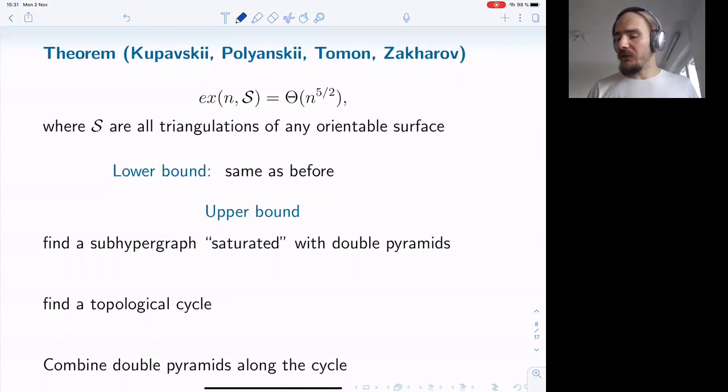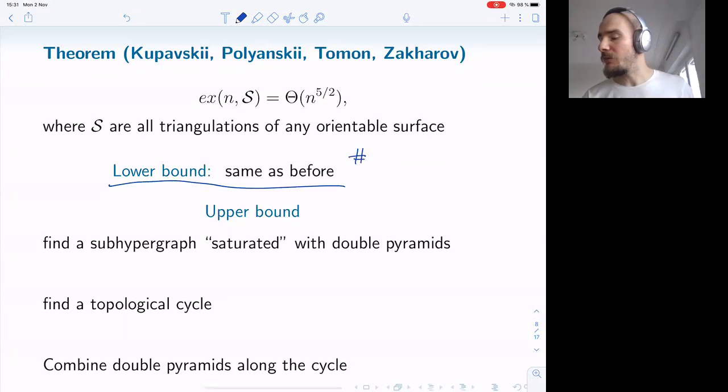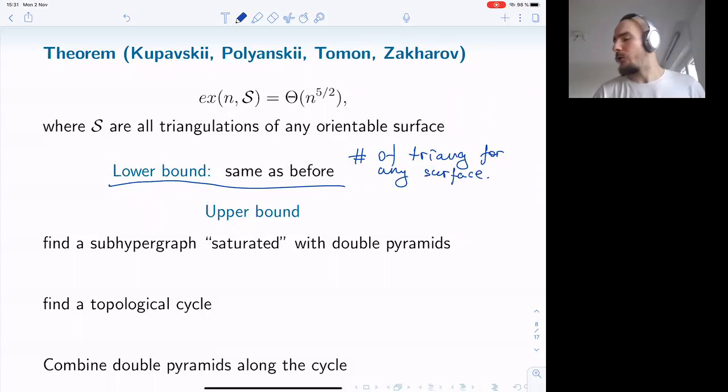the lower bound is really the same as before, except we need now to bound somehow the number of triangulations for any fixed surface.